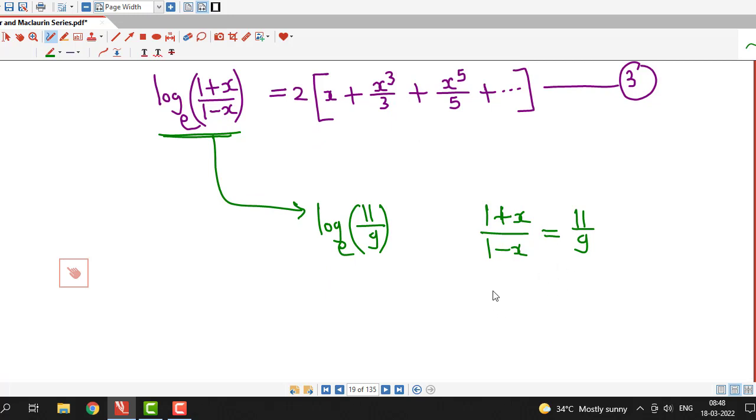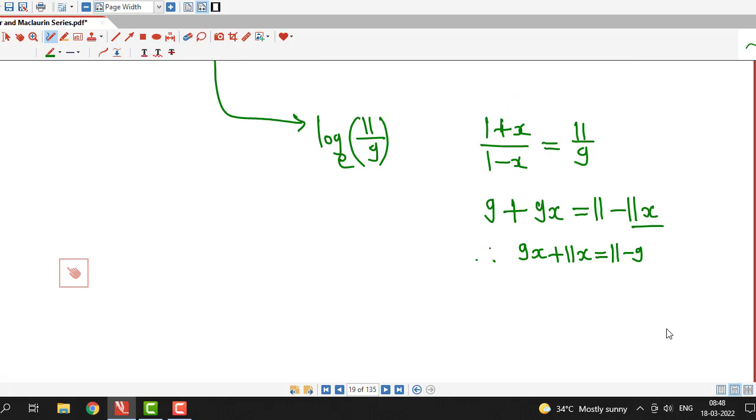So if you cross multiply, you will have 9 plus 9x equal to 11 minus 11x, and if we take this on this side, 9x plus 11x will be equal to 11 minus 9. So 9x plus 11x is 20x, and this is going to be 2. So x is equal to 1 by 10.